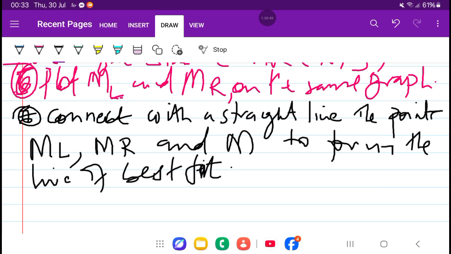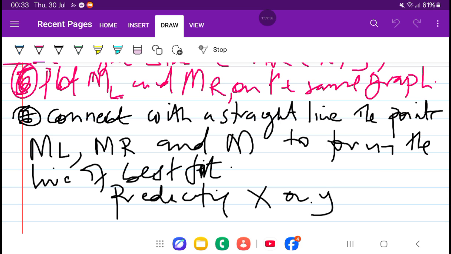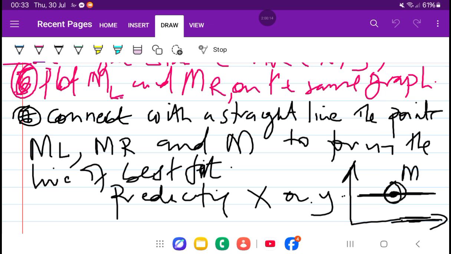And of course, when you are predicting x on y, instead of drawing the vertical line, you draw a line that is horizontal, like this. After plotting that m, you draw a horizontal line. It cuts across all these values.